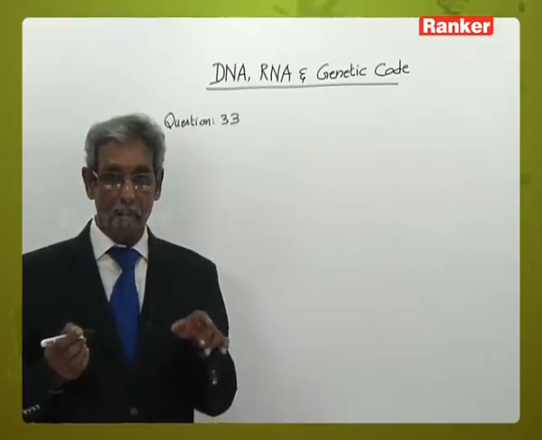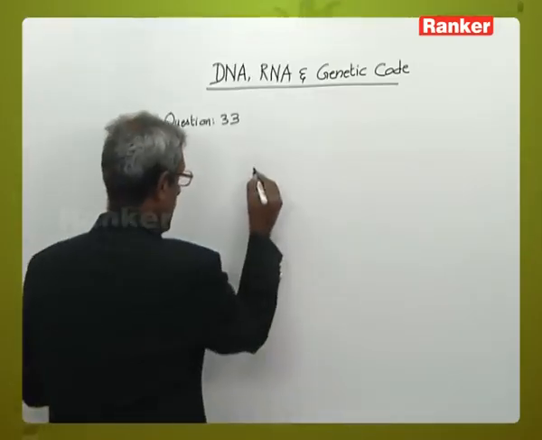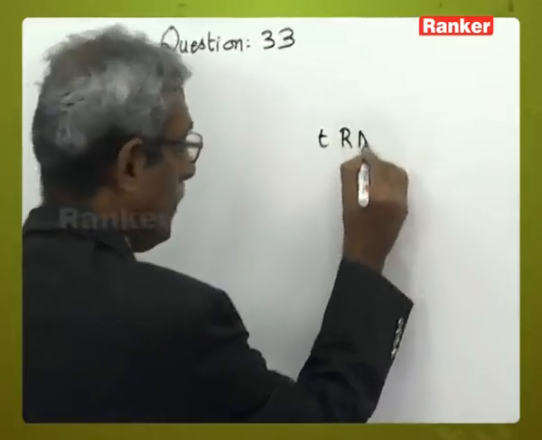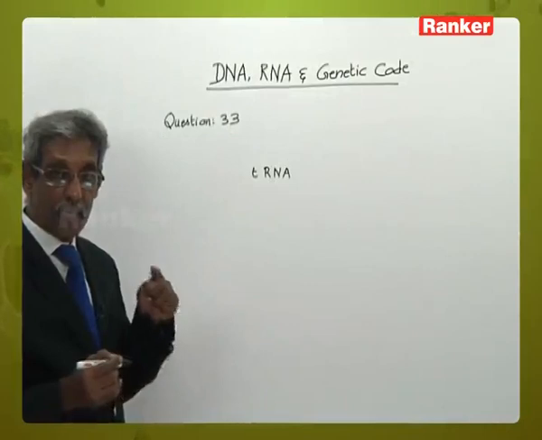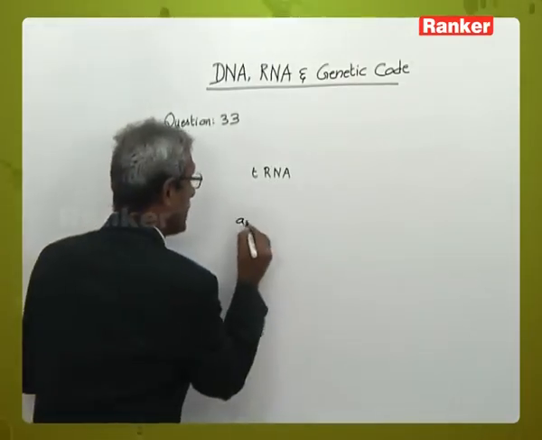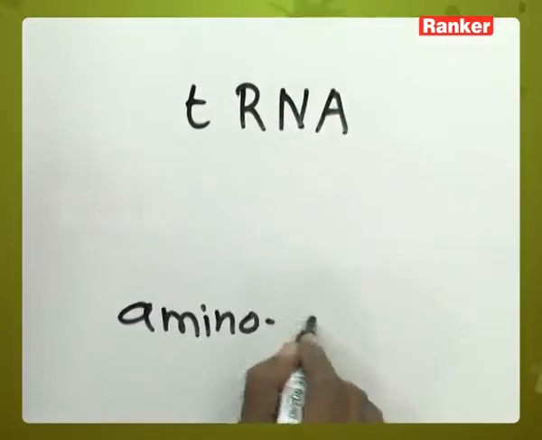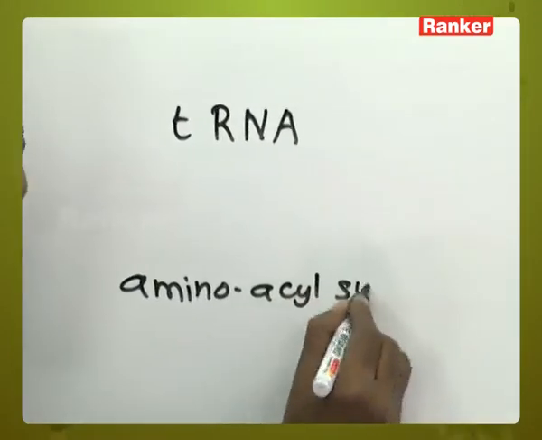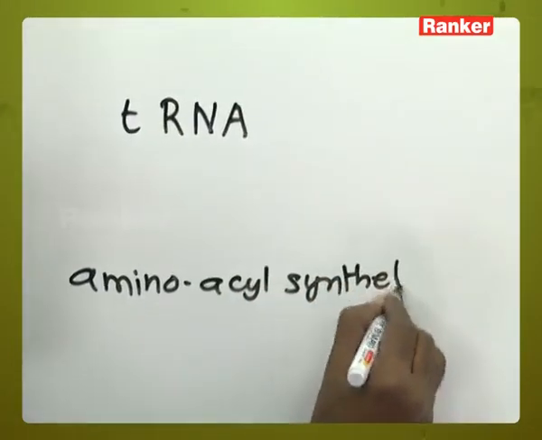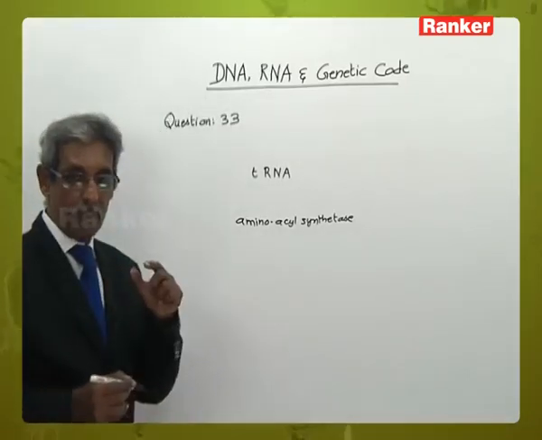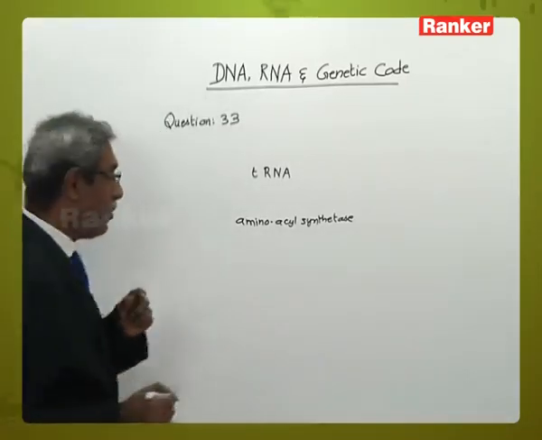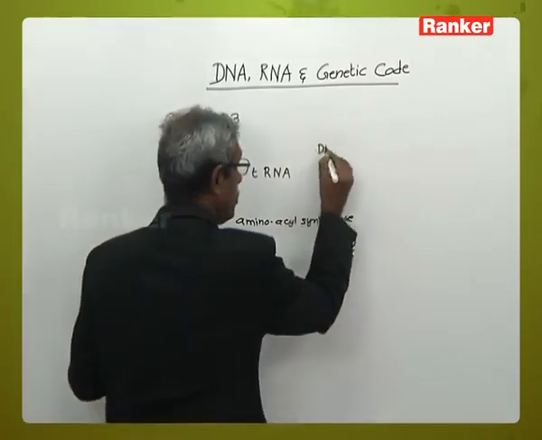So normally here, the tRNA, the transfer RNA, recognizes the enzyme amino-acyl synthetase. The recognition is primarily attributed to the DHU loop.